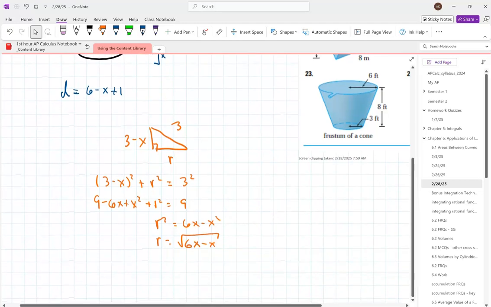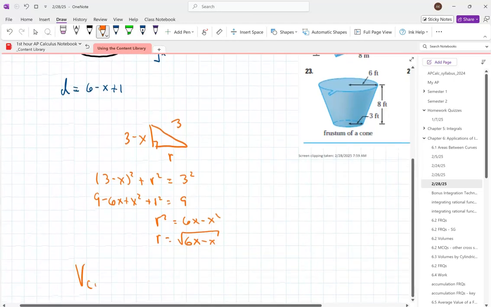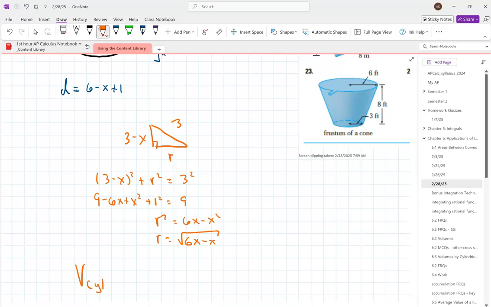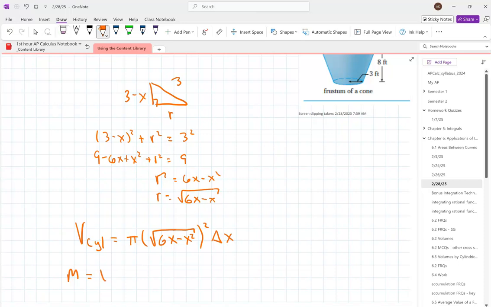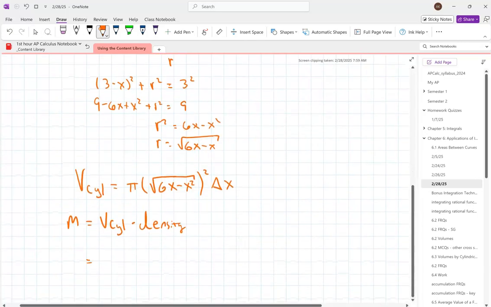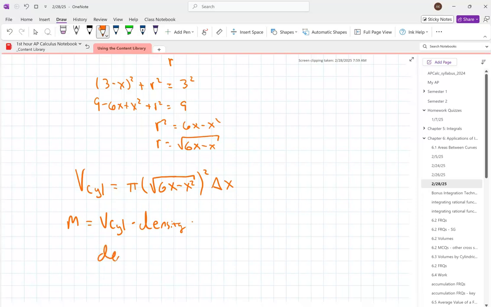Okay, so the volume then for that cylinder is going to be pi r squared delta x. So the mass is going to be the volume times the density, and I know the density of water.